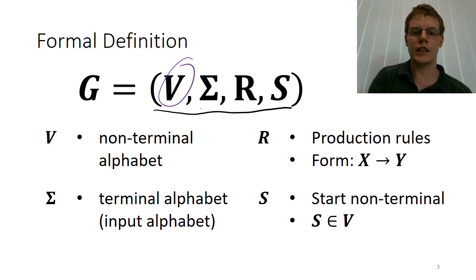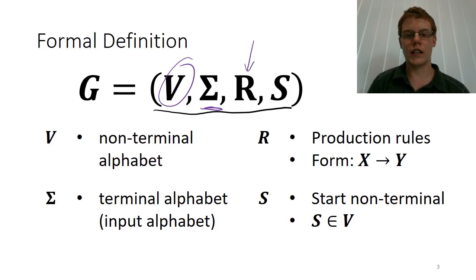The second element is the regular old alphabet, or in this case, when we're talking about grammars, we say the terminal alphabet. R is the set of production rules, which still have rules in the form where we have something on the left being expanded out into something on the right. And we still have one single start non-terminal, which must be an element of our non-terminal alphabet.